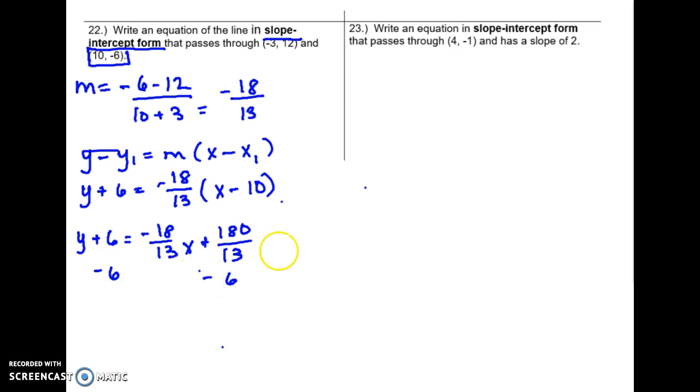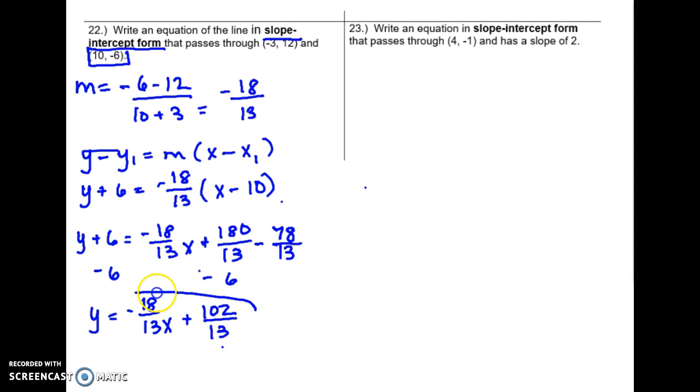Subtracting 6 means subtracting 78/13. So when I combine, I get y is equal to negative 18/13 x plus 102/13. That one's not very nice, but it's a little bit easier in point slope form.